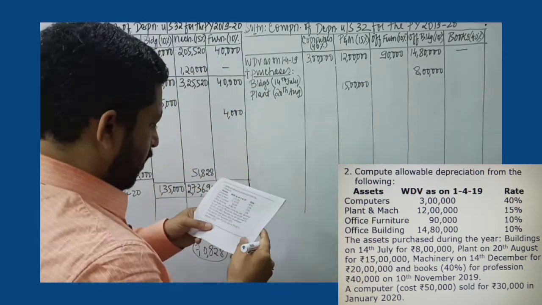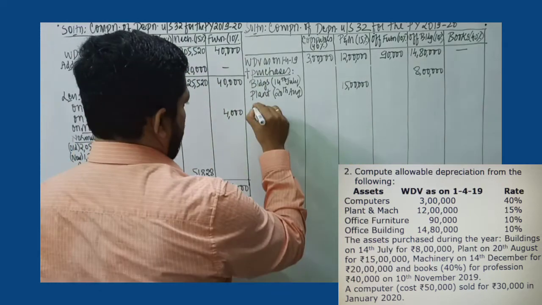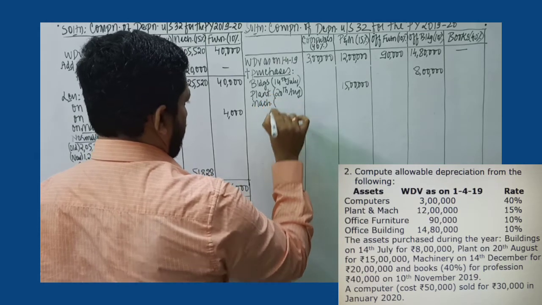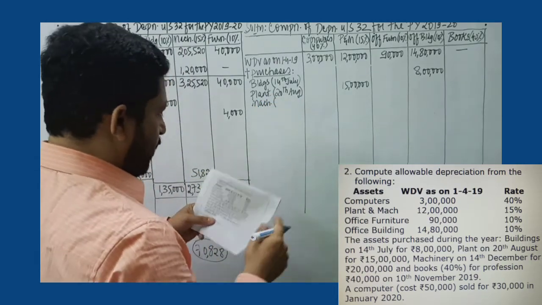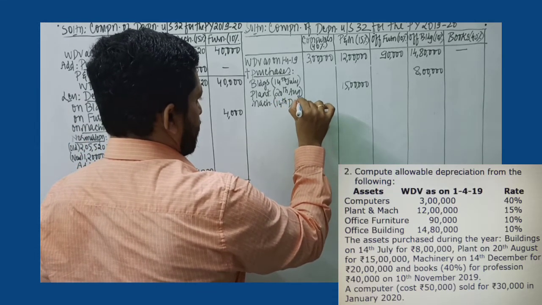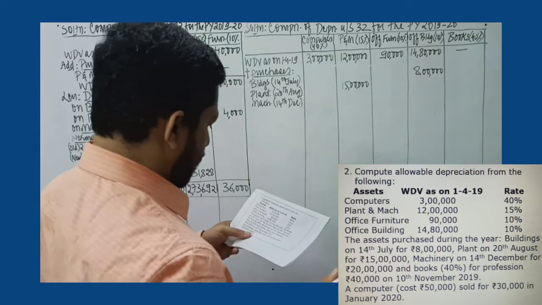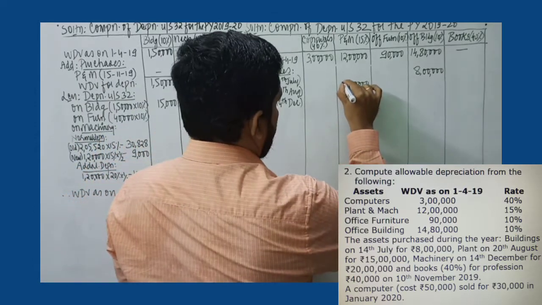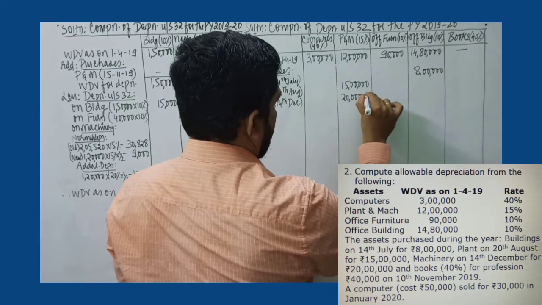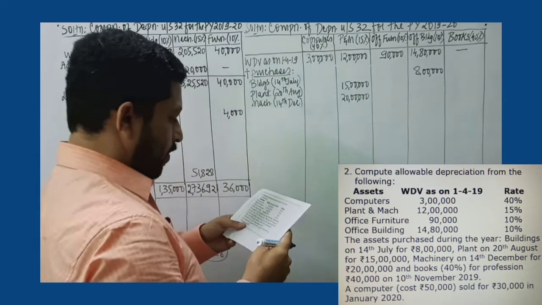Then again there is machinery purchased. So that will also form a part of plant and machinery itself. And this is purchased on 14th of December. Date of purchase and putting to use is very important. And the amount once again in the plant and machinery column is 20 lakhs.